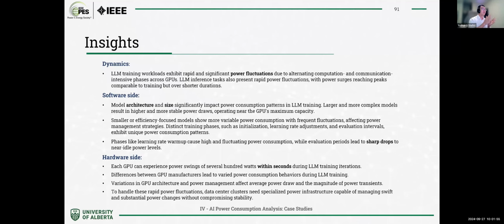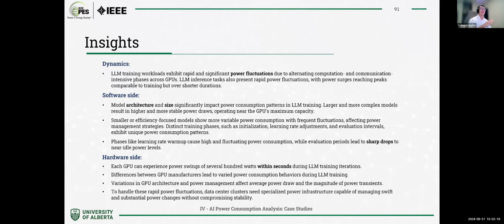In more detail, on the software side, the model architecture and size will significantly impact the power consumption. We see this based on our case study. We also notice that smaller or efficient-focused models can show more variable power consumption.